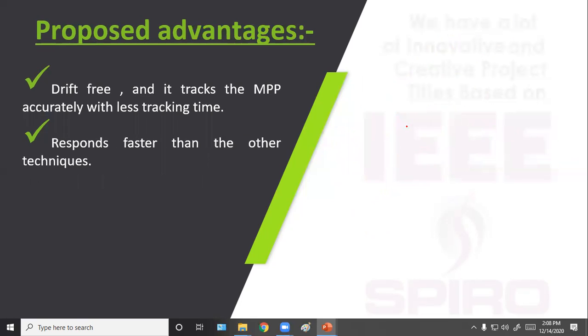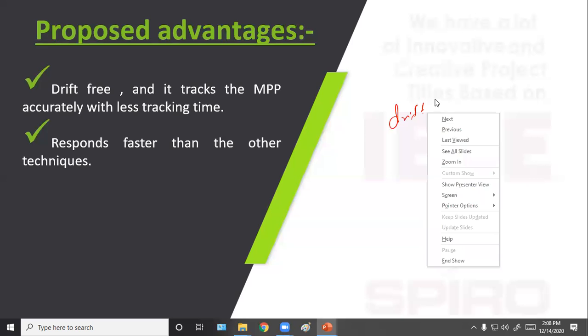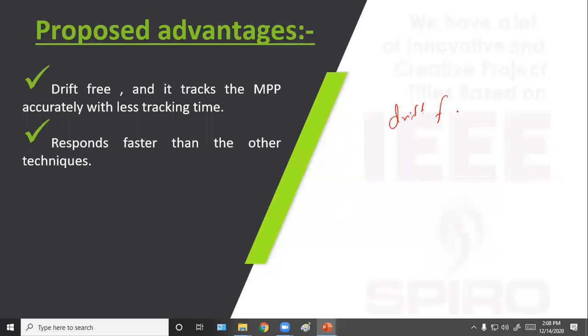In the proposed adaptive P&O technique, the main advantages are drift-free and accurate tracking.